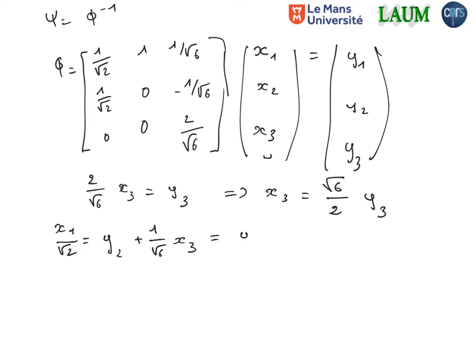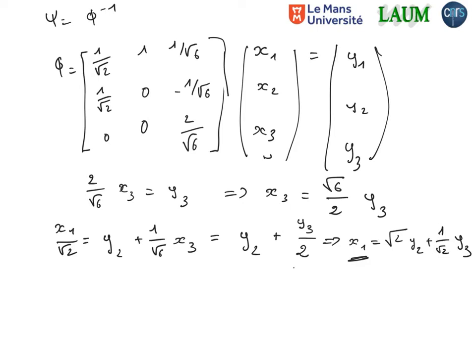So this is y2 plus y3 divided by 2. I can then say that x1 is equal to square root of 2 times y2 plus 1 over square root of 2 times y3. So I have the expression for x1.